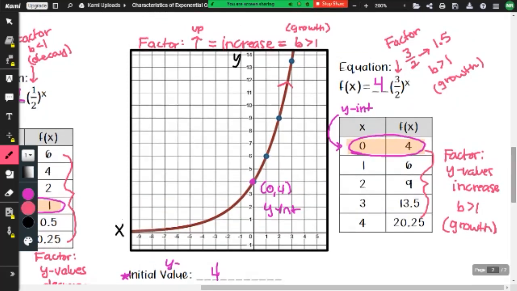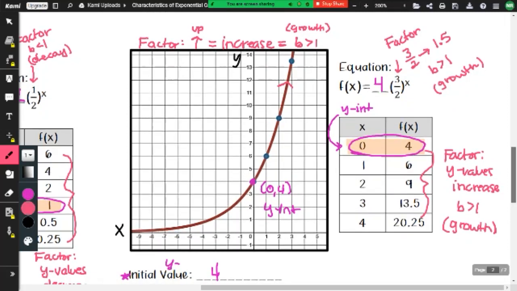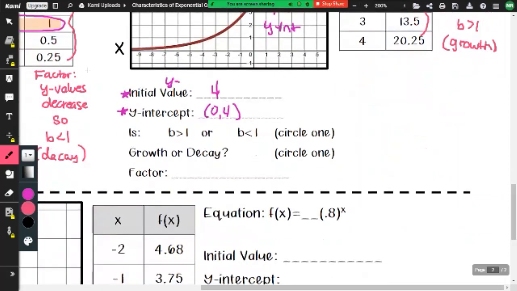Everybody got that? All right, so B is greater than 1. We see exponential growth. Our factor is 3/2 in parentheses or 1.5.